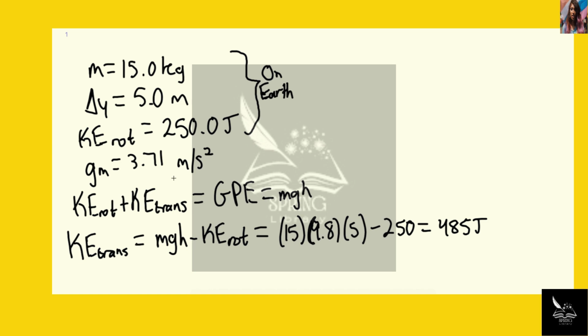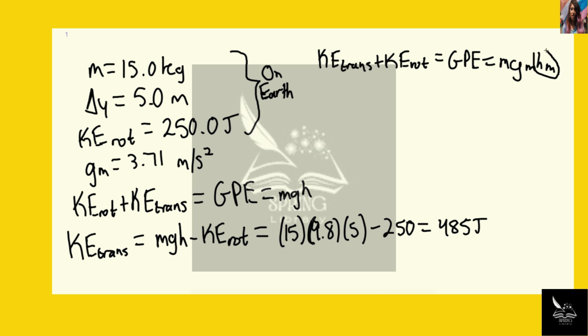So we should say that the translational kinetic energy plus the rotational kinetic energy equals GPE, and this time we should say mg h sub m. So this would be mass times the gravity on Mars times the height on Mars, where we're trying to isolate this variable.